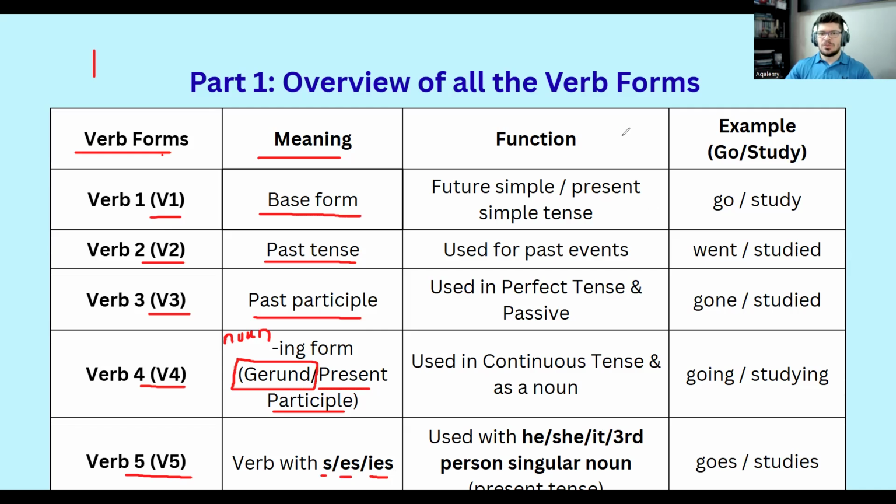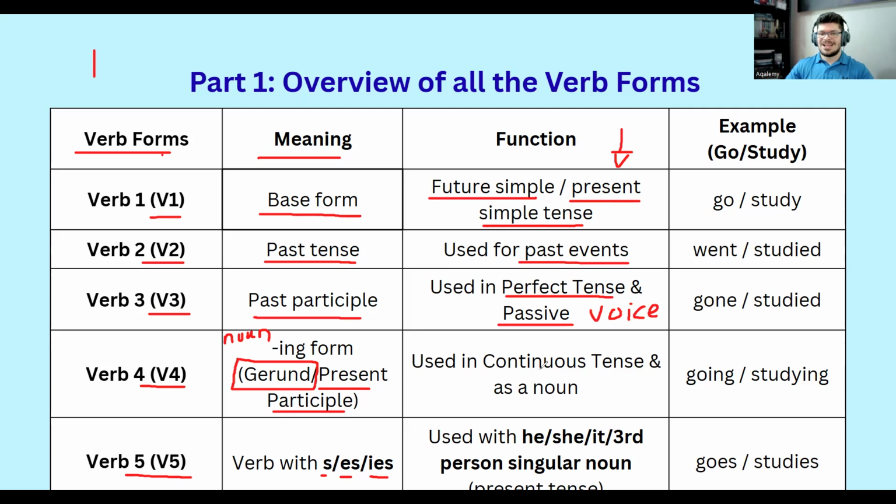Okay. We will look at the situation that we can use in general situation for future simple and present simple tense. And then we use verb 2 for past, verb 3, perfect tense, not past tense, perfect tense, and also passive voice. Okay.